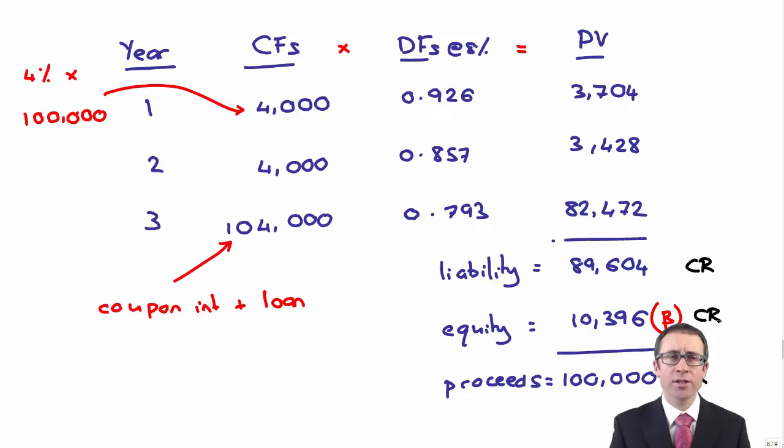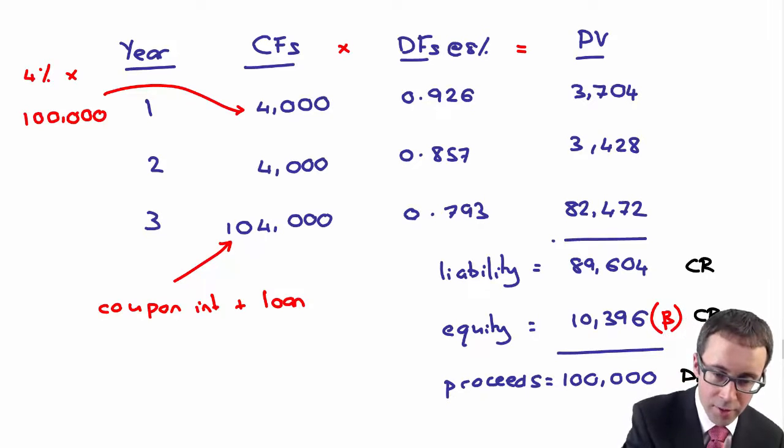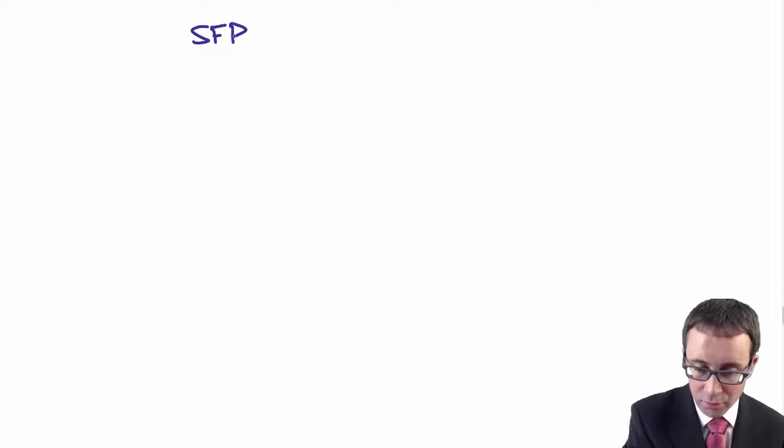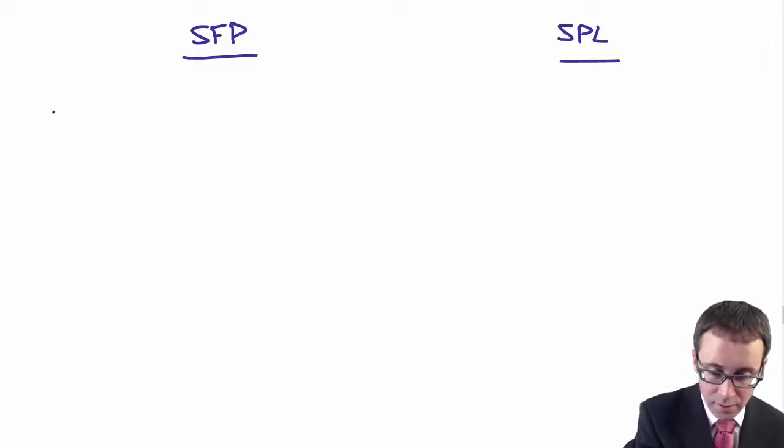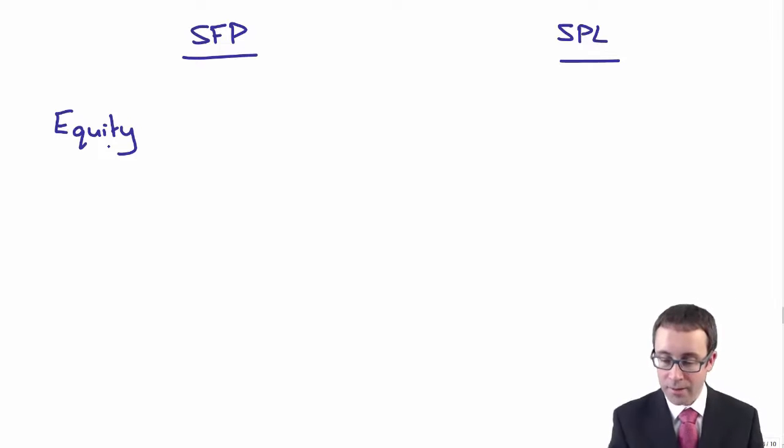Okay, excellent. Question wanted us to go through as well, didn't it? And look at the figures at the end of the year. Okay, so what you've got there, if we throw in a new page, if I'm looking at my statement of financial position and my statement of profit or loss, on the SFP, you have your equity, don't you?